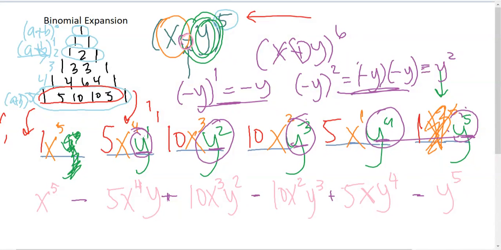For example, right here it's y to the first, and because 1 is an odd number, we're going to use a subtraction sign. Whereas over here, we have y squared, and y is being raised to the second power, which is an even number, so we're going to add that instead of subtract it.